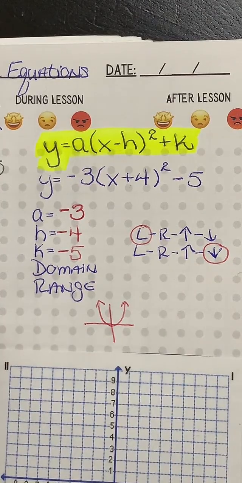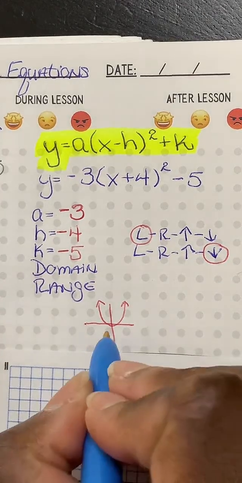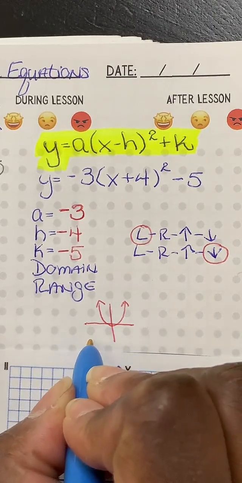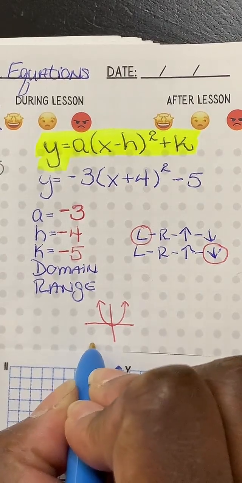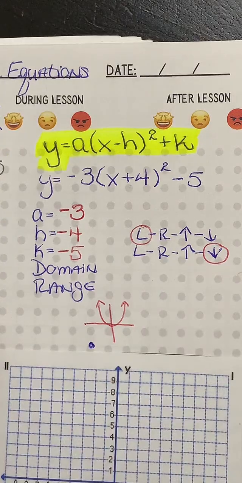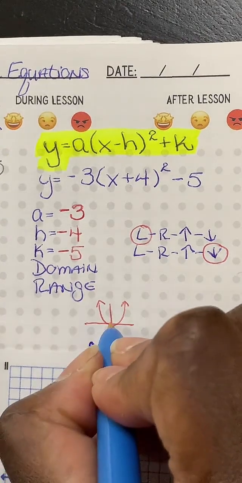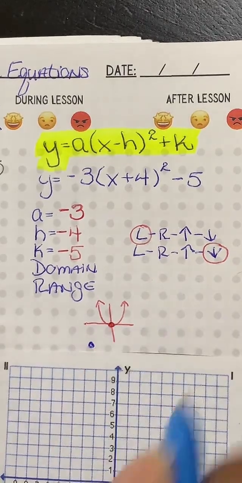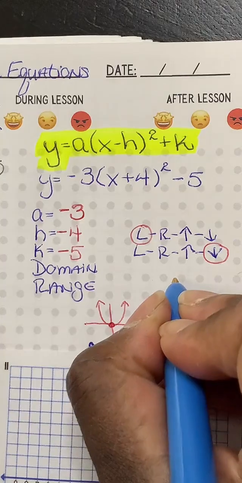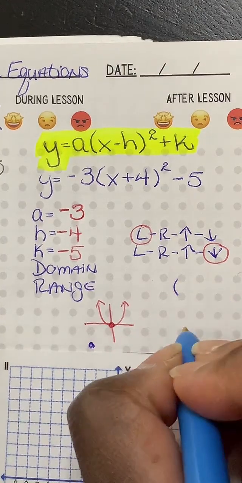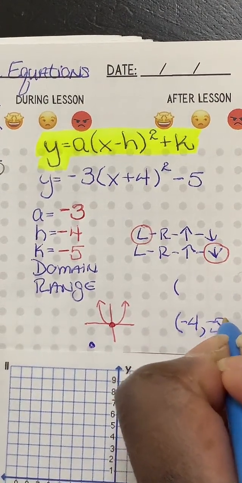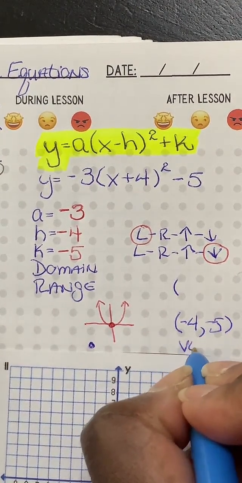So my new point will be to the left 1, 2, 3, 4, and down 1, 2, 3, 4, 5. So my vertex changed from 0, 0 to our new vertex, which is -4, -5. So that's going to be our vertex.